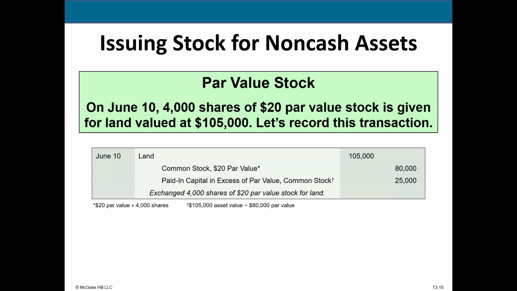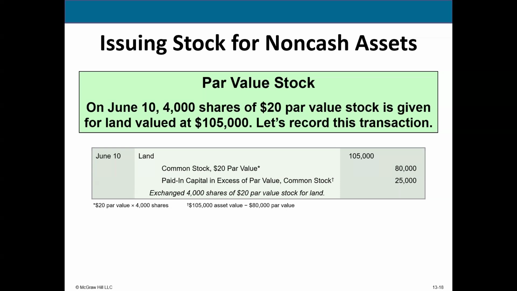Say, hey, listen, I'd love to buy that piece of land from you, but I can't afford $105,000 in cash. Company's just getting started. I don't have that kind of cash on hand. So we make a deal. And the deal goes something like this.